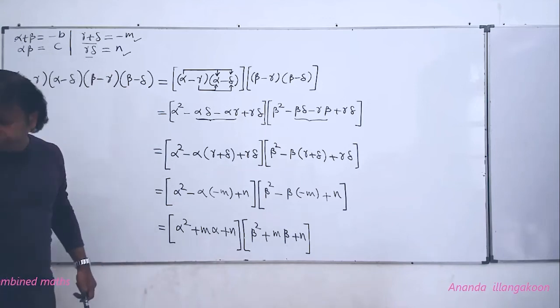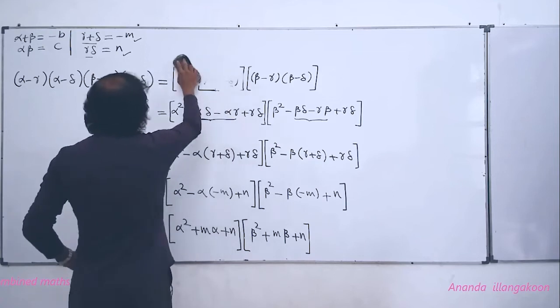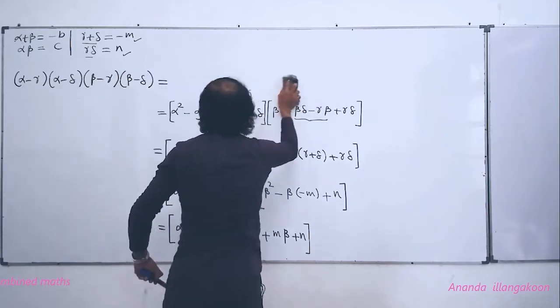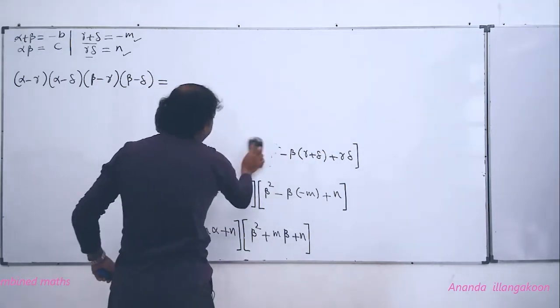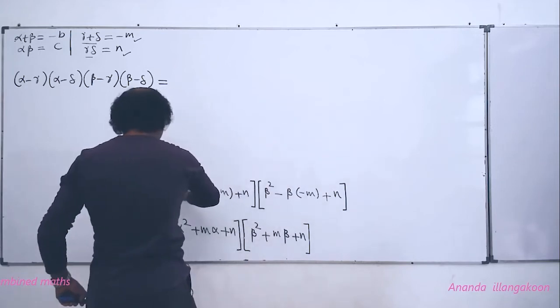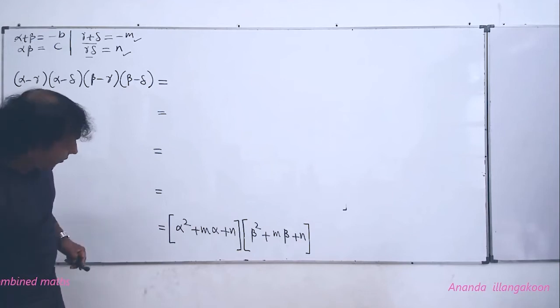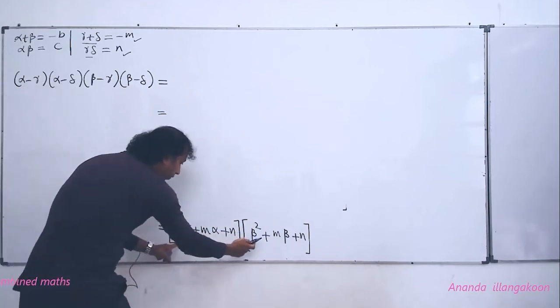Right, people. Now we'll see how to take this. I'm going to write this expansion we are here, because left hand side always we have this product. Okay. First we multiply like this: alpha squared and beta squared.